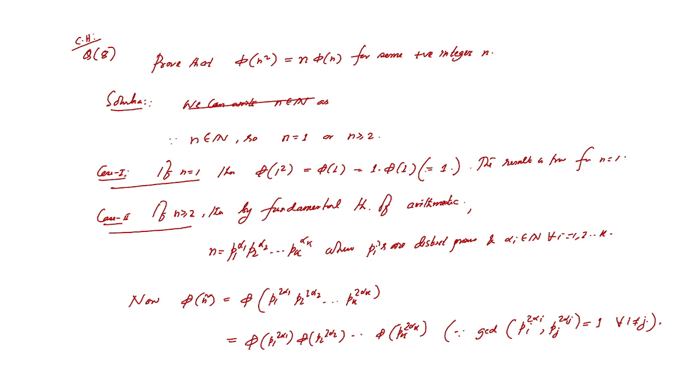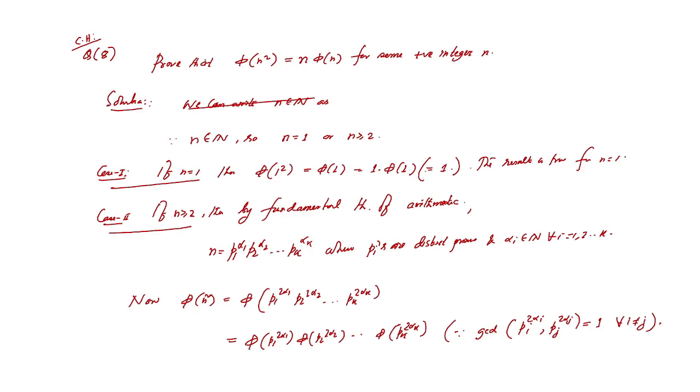And that we can write. So here phi of p1 to the power 2 alpha 1 will be p1 to the power 2 alpha 1 times 1 minus 1 by p1, p2 to the power 2 alpha 2 times 1 minus 1 by p2, pk to the power 2 alpha k times 1 minus 1 by pk. And that we can write as p1 to the power 2 alpha 1, p2 to the power 2 alpha 2, pk to the power 2 alpha k into 1 minus 1 by p1, 1 minus 1 by p2, 1 minus 1 by pk.